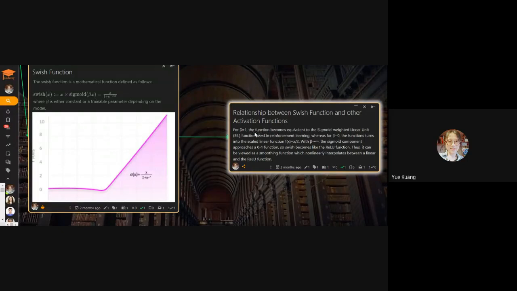And for beta equal to 1, the function becomes equivalent to the sigmoid-weighted linear unit function used in reinforcement learning. Whereas for beta equal to 0, the function turns into the scaled linear function f(x) equal to x over 2, and with beta tending to infinity, the sigmoid component approaches a 0-1 function, so Swish becomes like the ReLU function. Thus, it can be viewed as a smoothing function which nonlinearly interpolates between a linear and the ReLU function.